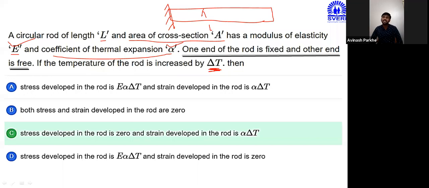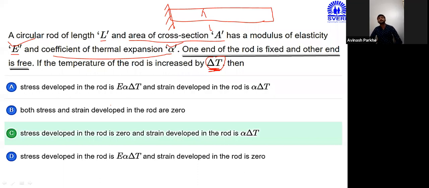If the temperature is increased by delta T, for example, the initial temperature is 10 degrees Celsius, and that temperature is increased from 10 degrees Celsius to 80 degrees Celsius, and that increase in temperature is given by delta T, then what exactly happens in that particular body?